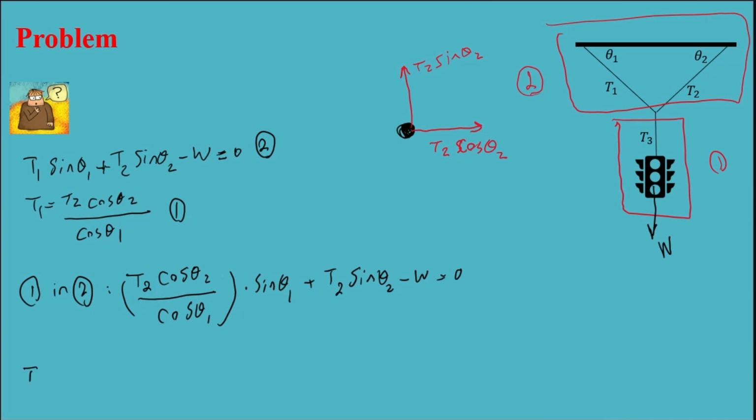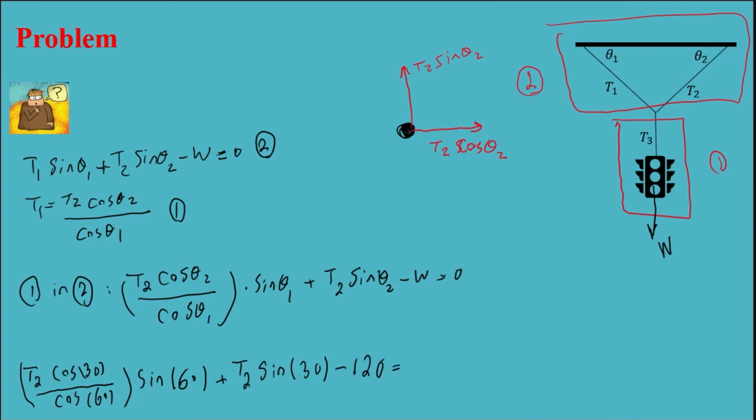I don't know T2 here, right? Cos theta 2 is going to be cos 30 divided by cos theta 1, so it's going to be cos 60, times sine theta 1, which is going to be sine 60, plus T2 sine 30 minus W, and I found it from the previous slide, that was 120, right?